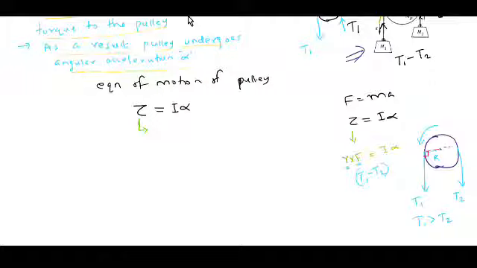Here also, if you take R, the angle between these two is 90 degrees. Therefore, T1 minus T2 into R is equal to I into alpha. Here I will write that T1 minus T2 into R is equal to I into alpha.